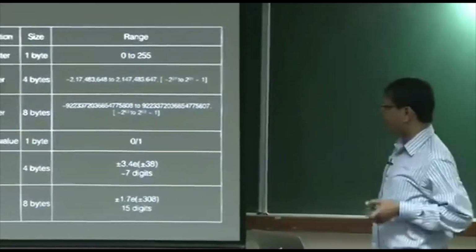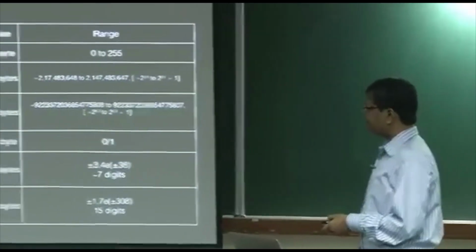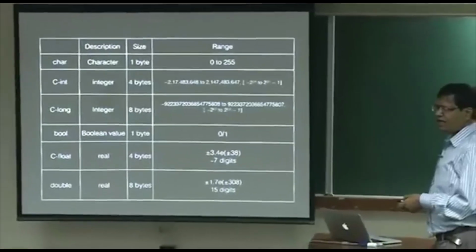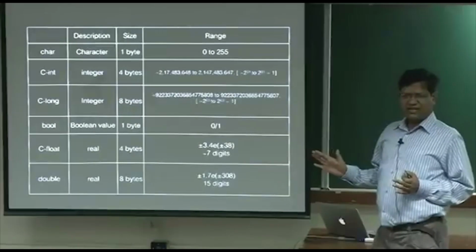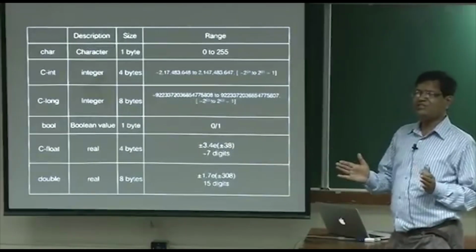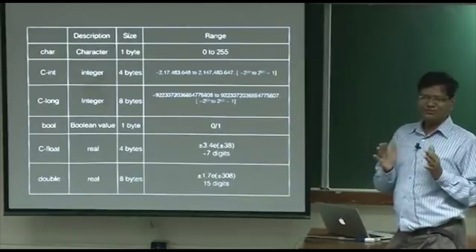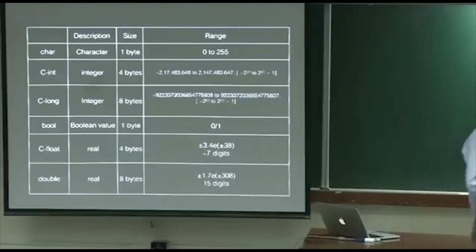C also has float, which is for real numbers. Python real numbers, again, can be of any size. So these are some differences between C and Python. You should know this when you are writing in Python, but it will allocate whatever is required. But in C, the real numbers are 4 bytes.